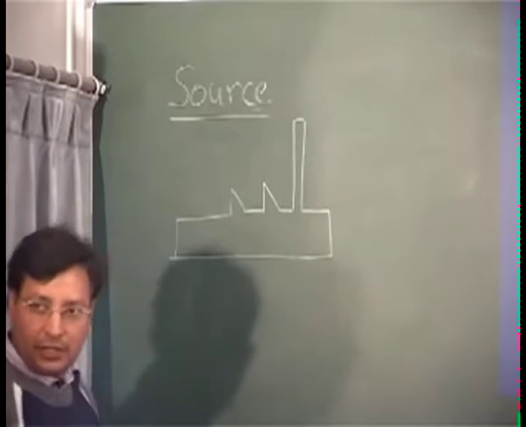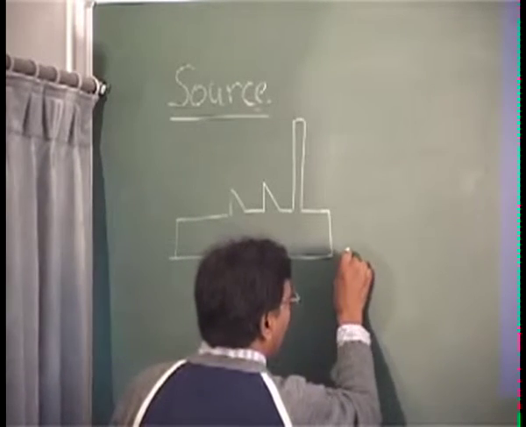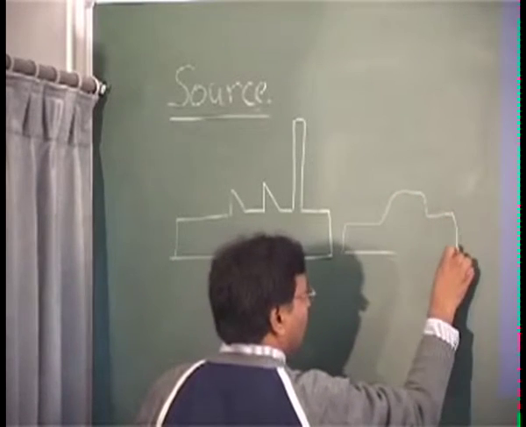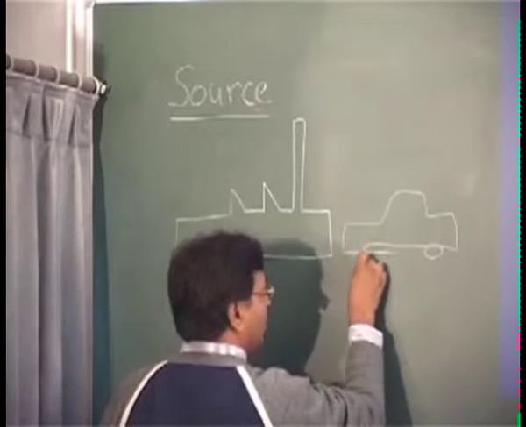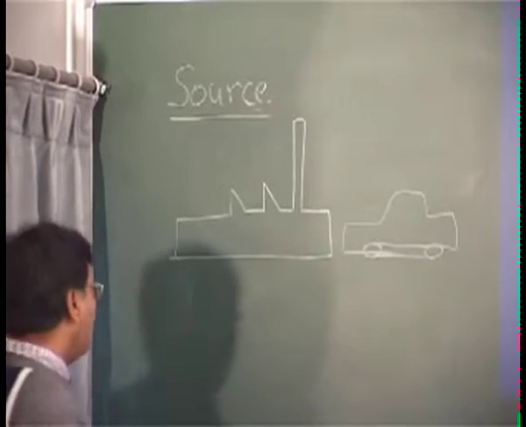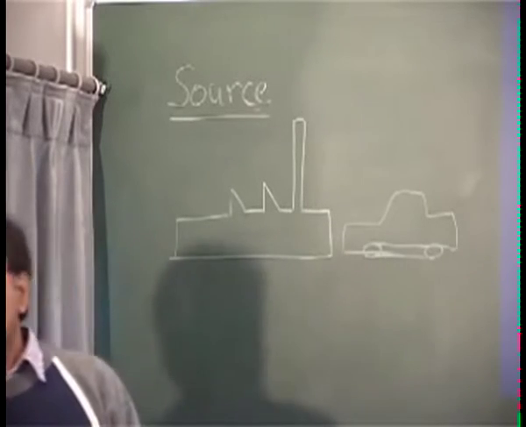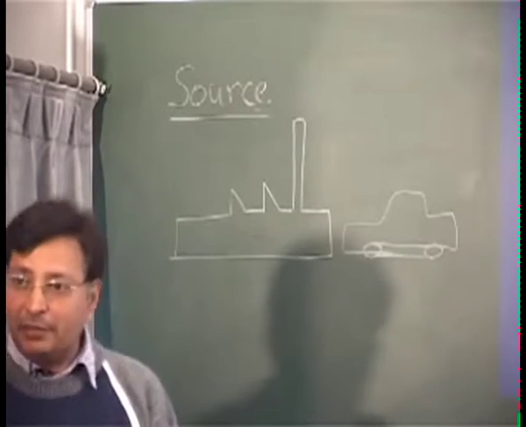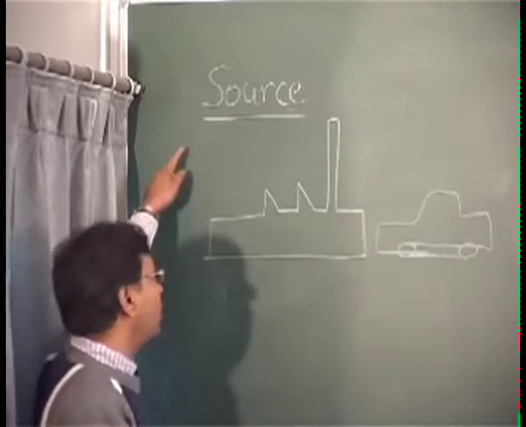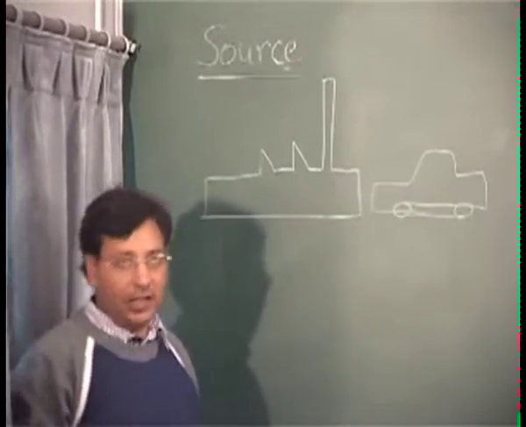Some kind of industry can be a source. Automobiles can be a source, whatever you can think of as air pollution sources. Household heating can be a source. There can be many sources, so we need to study the source, or sources if you like, in this course.